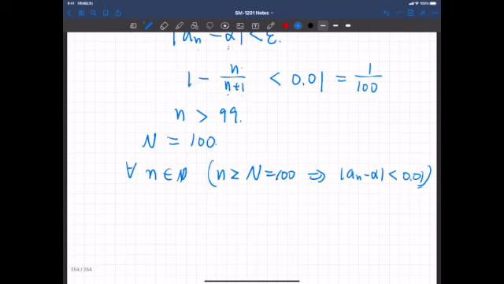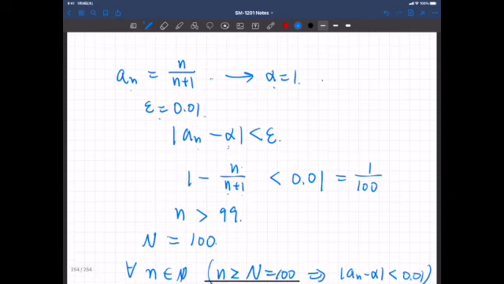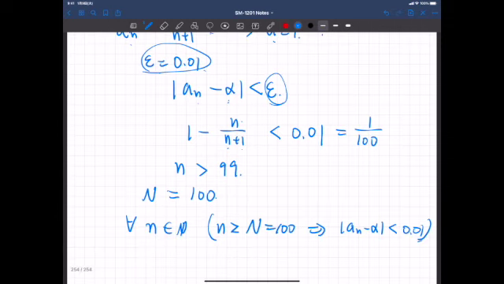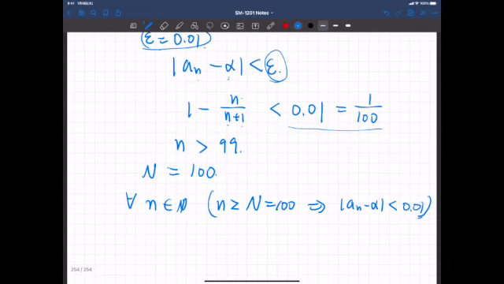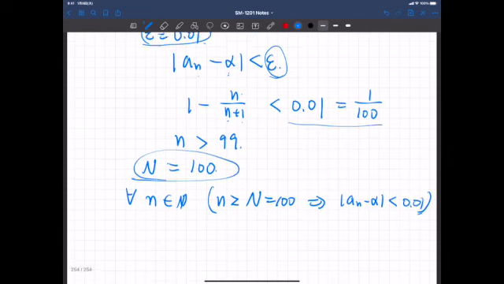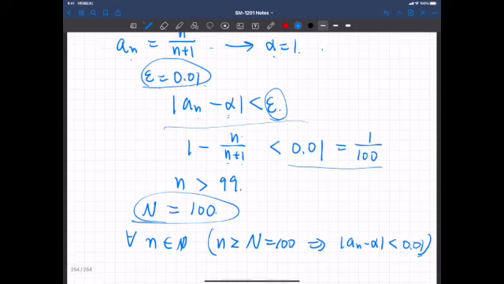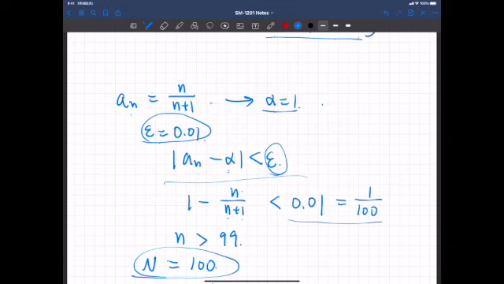So this procedure can be applied for any value of epsilon, not just 0.01. If you want 0.001, just plug in this number and solve the corresponding inequality to find an appropriate value for capital N, and then this should hold always, as long as alpha is the true value of convergence.